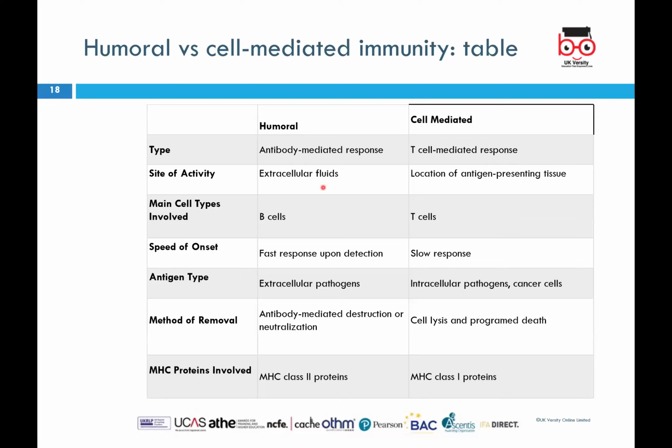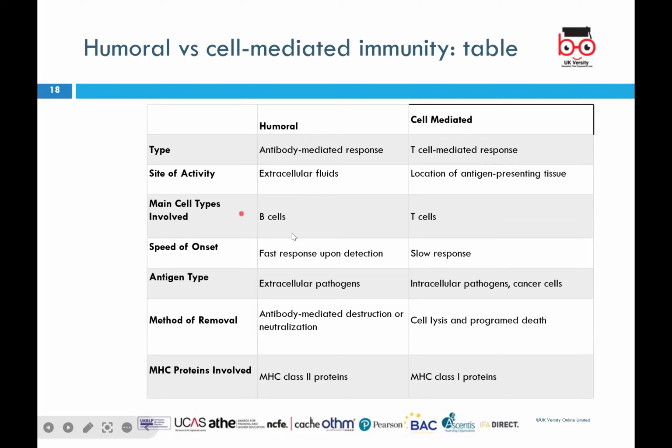It's the extracellular fluid, so outside the cells, the fluid within your body. Cell-mediated immunity, or T cell mediated immunity, has the location of the antigen presenting tissue. So it's not extracellular fluids, it's where the antigen presents itself.